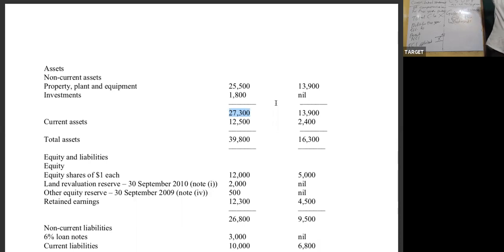So for instance, the intra-group inventory or the unrealized profit on the inventory, it will affect it. So we need to adjust it. And then the intra-group debt, you come and subtract it, and that's all. Then you get your total asset, then you move on.